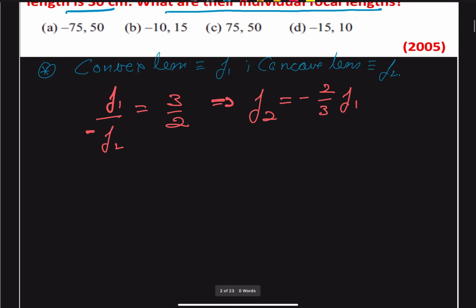Now we come to the equivalent part. This was the ratio part, and then the equivalent part. So we have the equivalent focal length, let us suppose that is given as f.